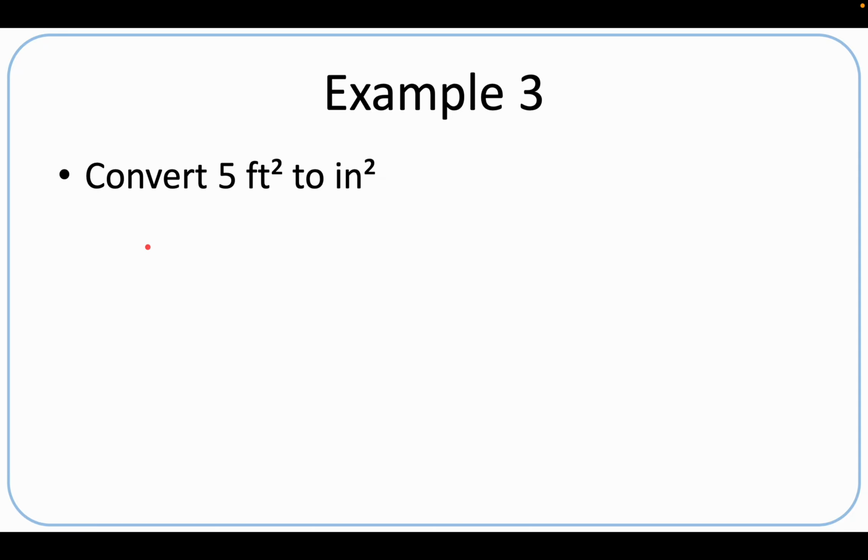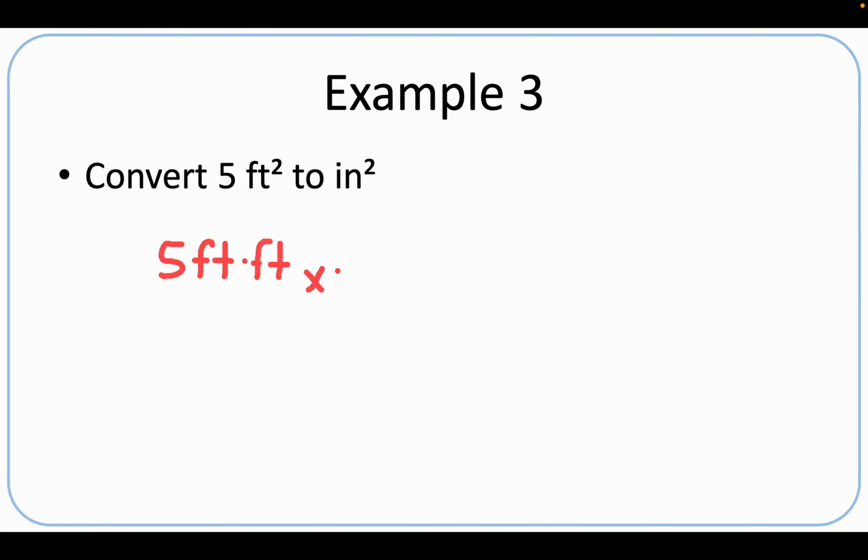So third example, convert 5 square feet to square inches. We can think of square feet as feet times feet, right? And there you can see, well, we're going to need to do 2 conversions to cancel out both of those feet.